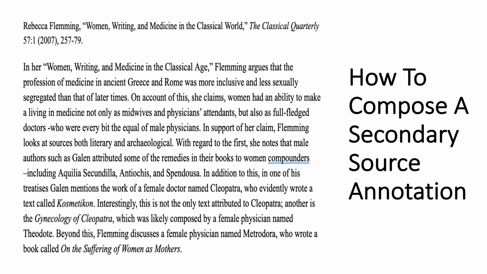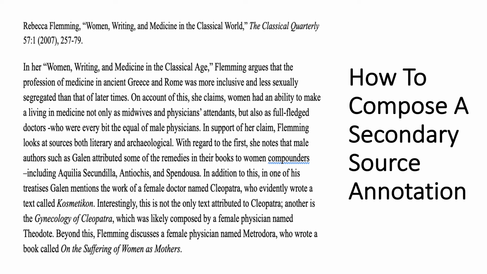I thought it would be helpful to provide a sample to give you a kind of template that you might use as you're putting together your own annotations. Feel free to use this one as a kind of formulaic guide if you like. It's actually an annotation that I myself produced when I was in graduate school and I was taking a class on the ancient world, and I did a project that had to do with female healers in ancient Greece.